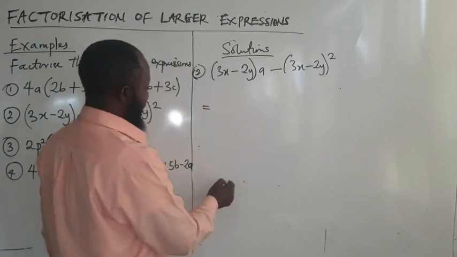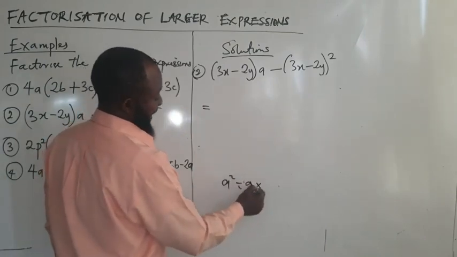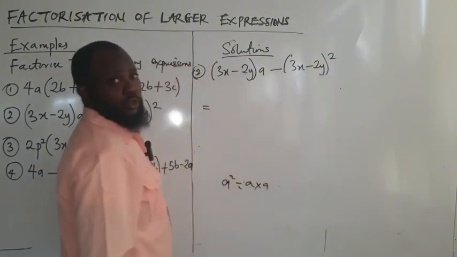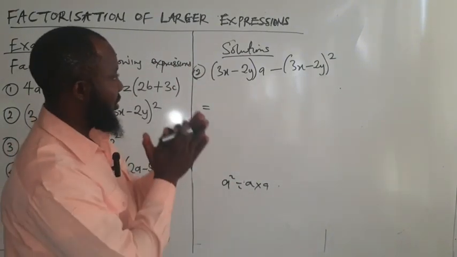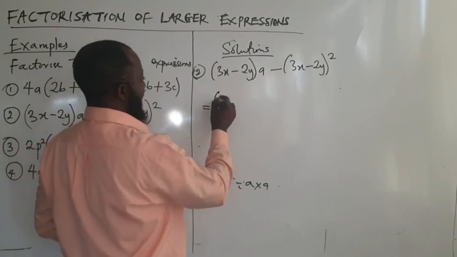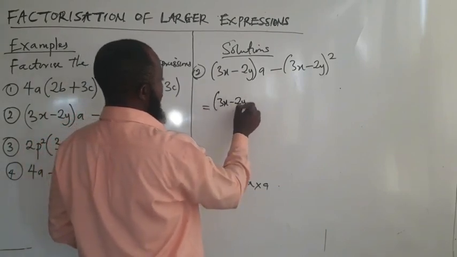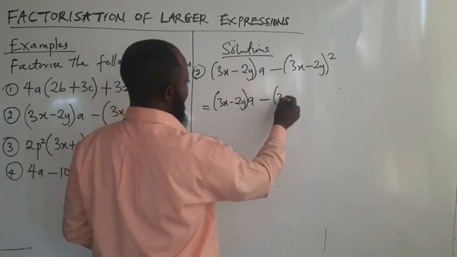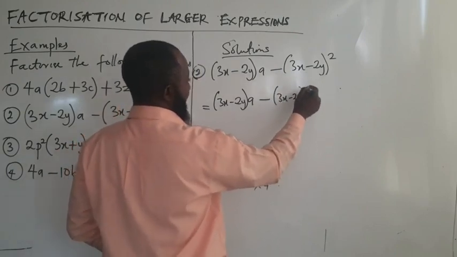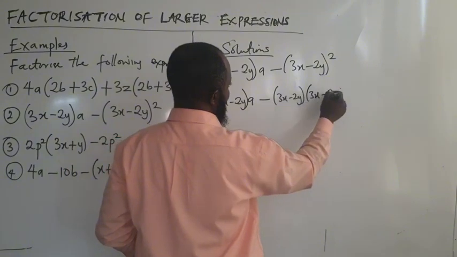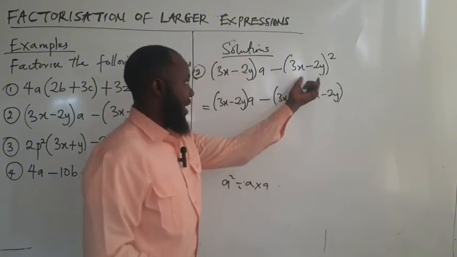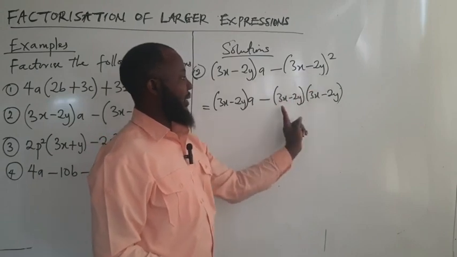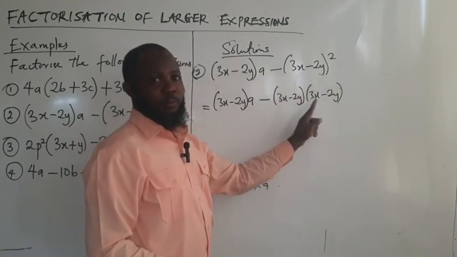So when you have a square, it means a times what? A. The same thing with this. This means this is multiplying itself. So the first thing we need to do is to separate it. So in that case, we're going to have 3x minus 2y a minus this, we multiply as 3x minus 2y, then remaining 3x minus 2y. So 3x minus 2y squared is multiplying itself.